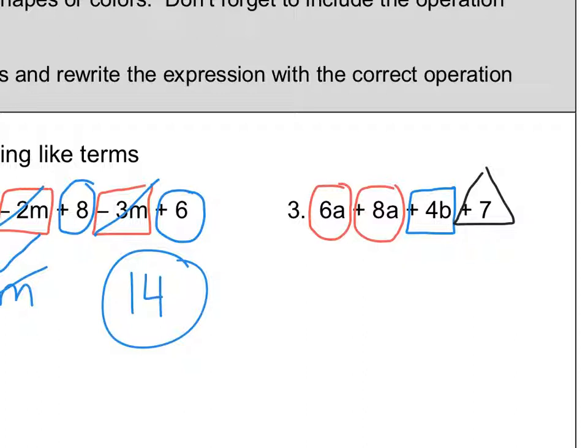Okay, so now that I've got these, positive 6a and positive 8a, that's two positives, so that's 14a. We only have one of the b terms, so plus 4b, and one constant. And that's our answer.